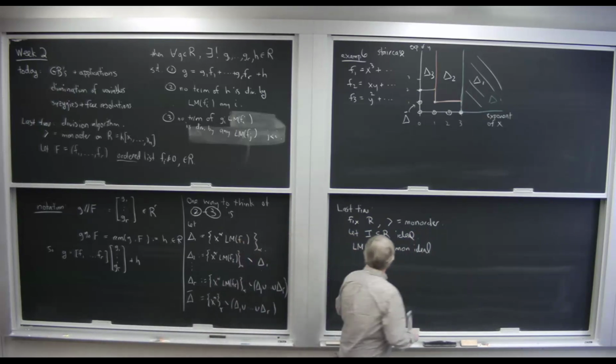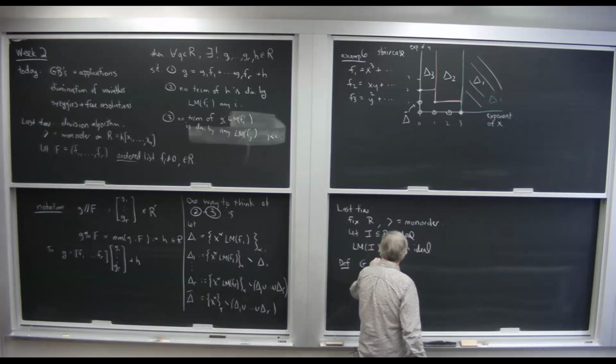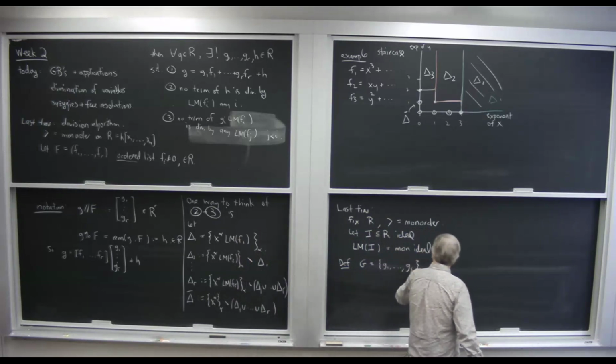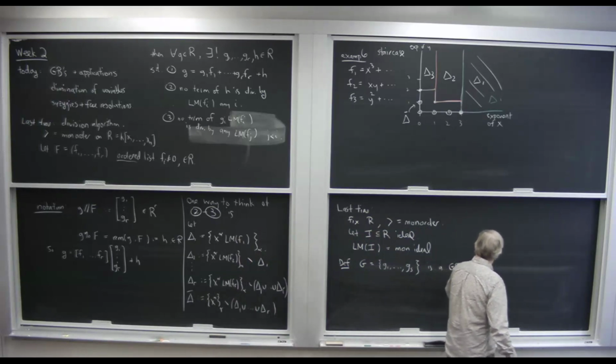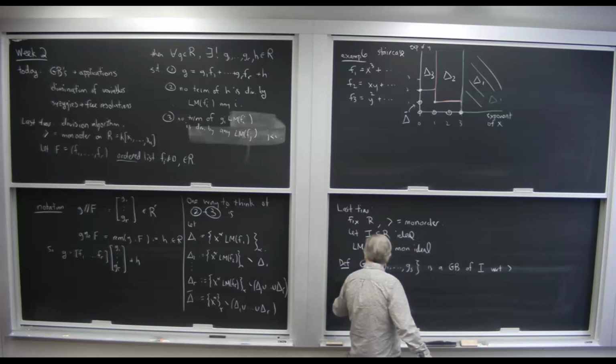Okay, and the definition for a Groebner basis: G, I think I used slightly different notation last time, G1 to GS is a Groebner basis of I with respect to the order if two things hold.